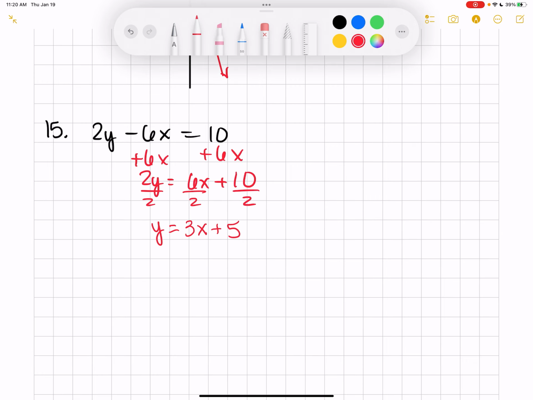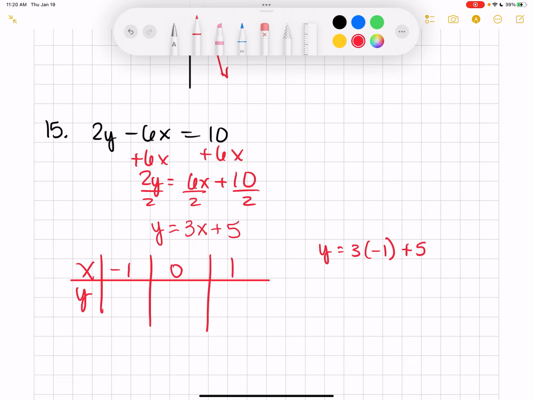So my table: -1, 0, and 1. So plug it in. y equals 3 times -1 plus 5. 3 times -1 is -3, plus 5, or 5 minus 3, is 2. So y equals 2. And so that gives me the point -1, 2.